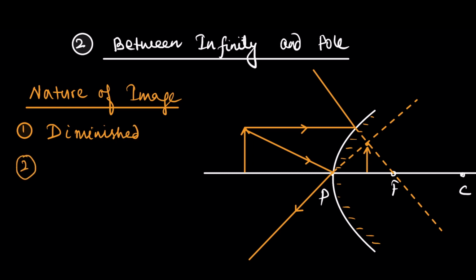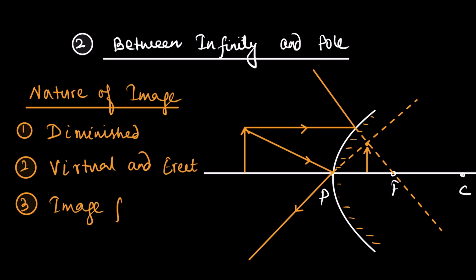Second, virtual and erect. Third, image formed between pole and focus.